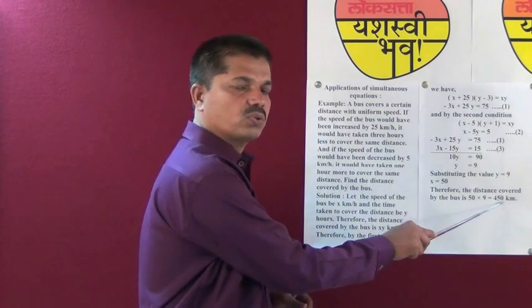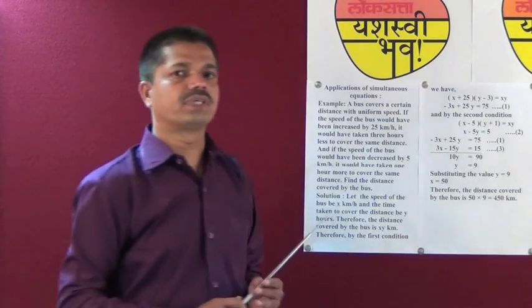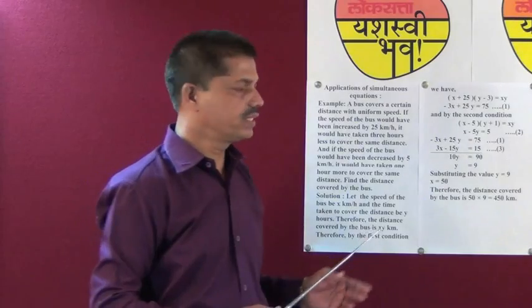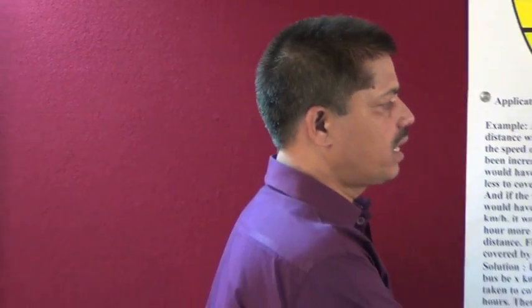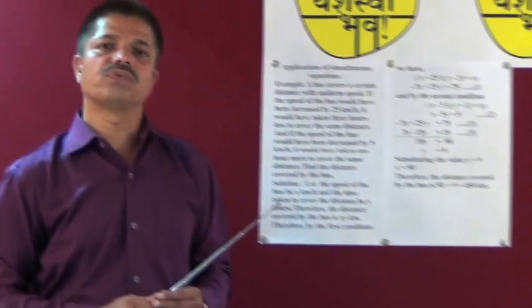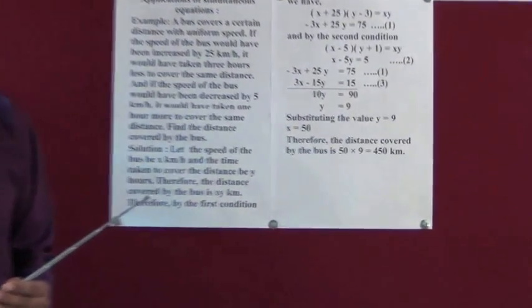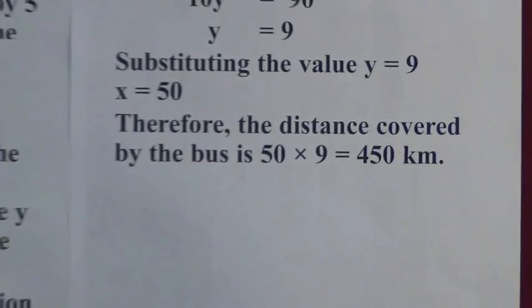Never forget to write the unit after whatever quantity you have got. Therefore, the distance covered by the bus is 50 into 9, that is 450 kilometers. Always attach the units after the quantity which you have found. If you don't write this unit, there is always a chance of losing marks.